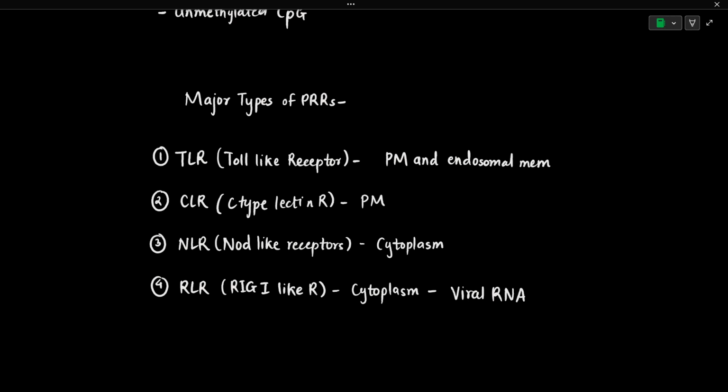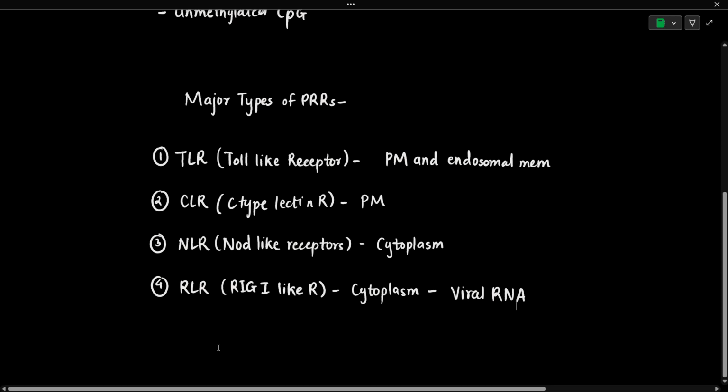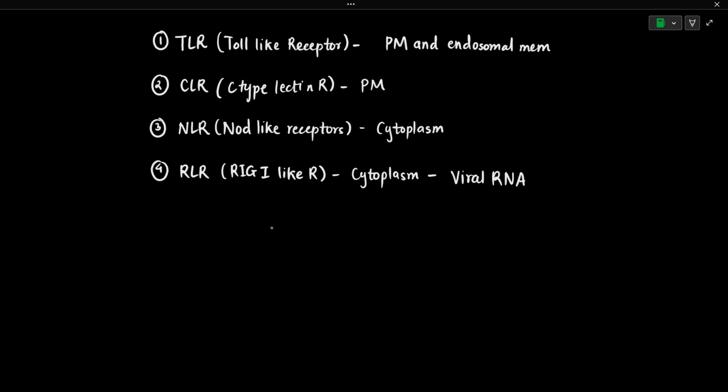So they are really important to mount immune responses against viruses. These are antiviral ones. Then there is another type of PRR, referred to as ALRs, or AIM2-like receptors.